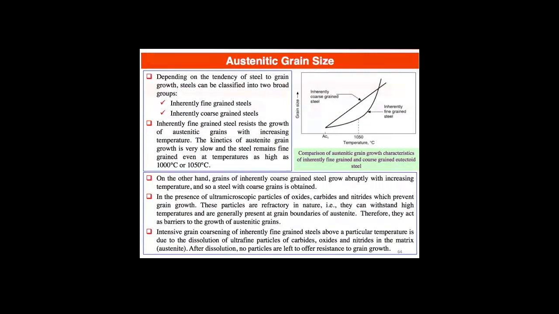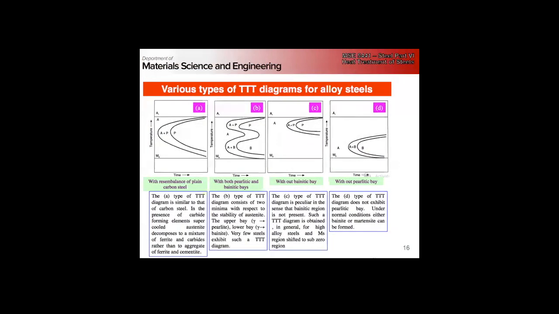So austenite grain size, right? We'll get back to the specific heat treatments in a bit, but your classes of TTT diagrams. So I'm not going to ask you to draw the TTT diagrams, right? But it is definitely within the realm of possibilities of being asked to interpret, right?